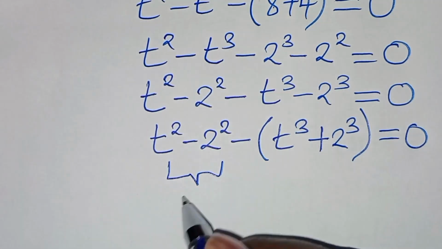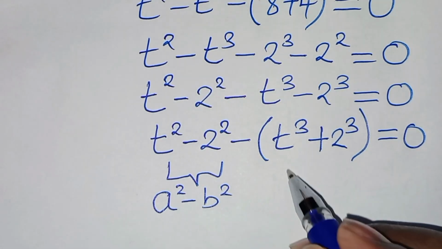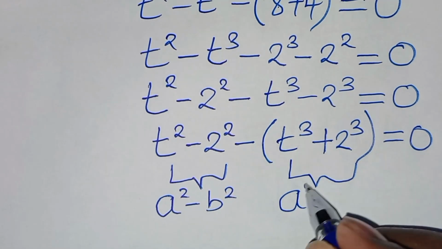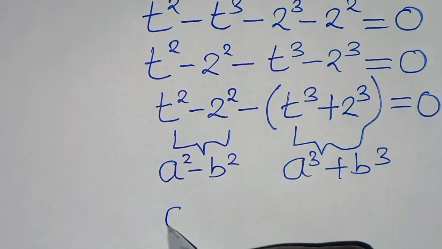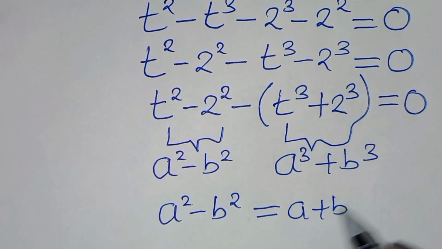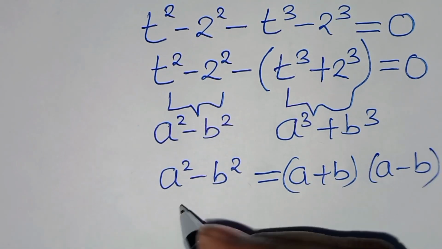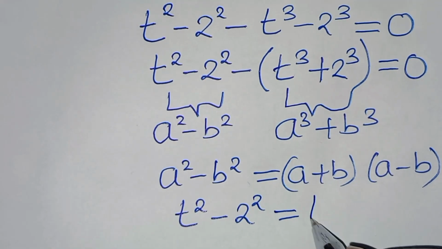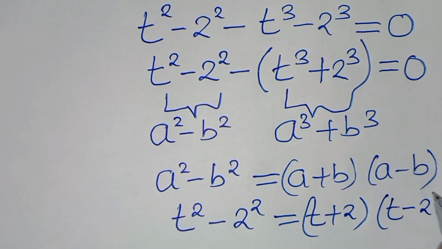The first part is the difference of two perfect squares expressed as a squared minus b squared, and the second part is the sum of two cubes expressed as a to power 3 plus b to power 3. So a squared minus b squared is the same thing as a plus b, a minus b. So t to power 2 minus 2 to power 2 is the same thing as t plus 2, then t minus 2.